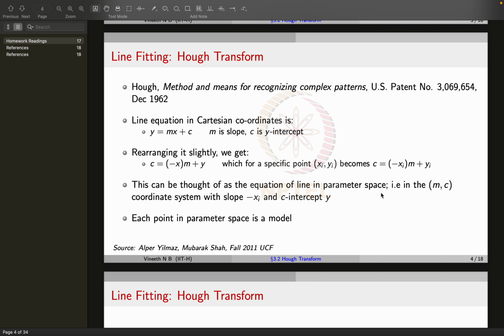Every point in my parameter space, if I take a random point in the coordinate space of c and m, actually refers to a line in my original space. Did you understand that?